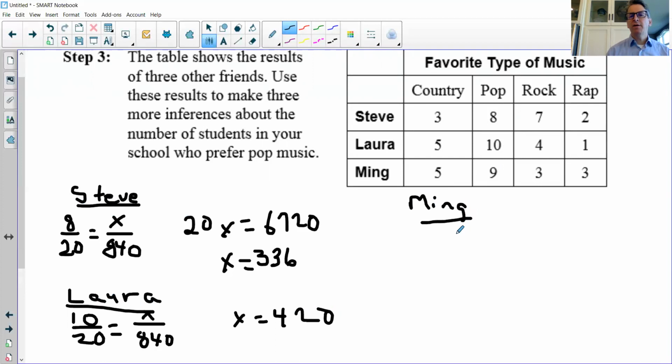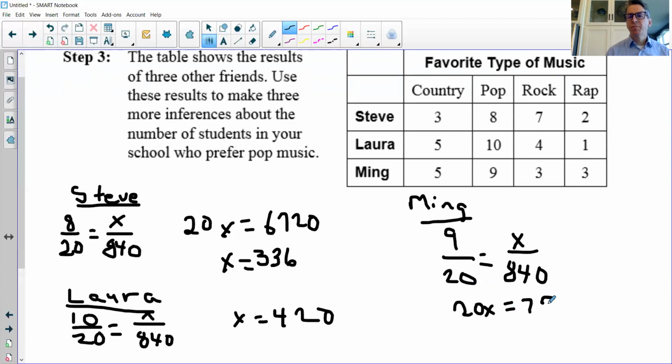Ming has 9 out of 20, and this is his sample. When Ming does the sample 9 out of 20, you have the proportion X over 840. So 20 times X is equal to 7560, and that puts Ming's data sample at 378. 378 for Ming.